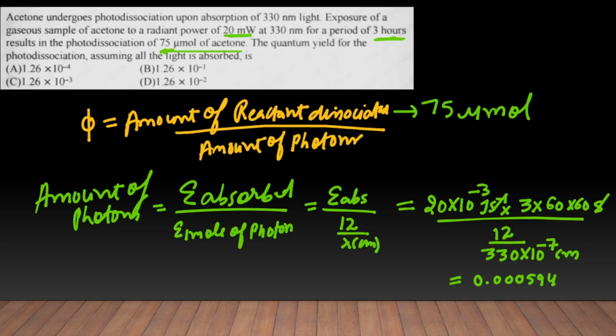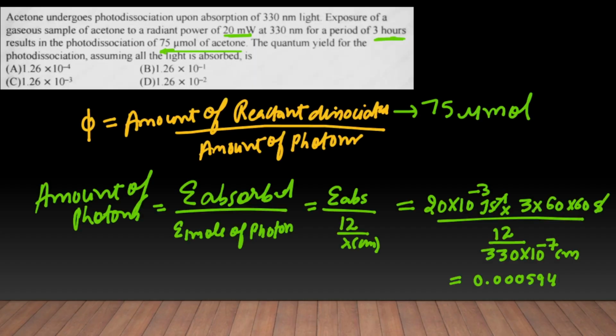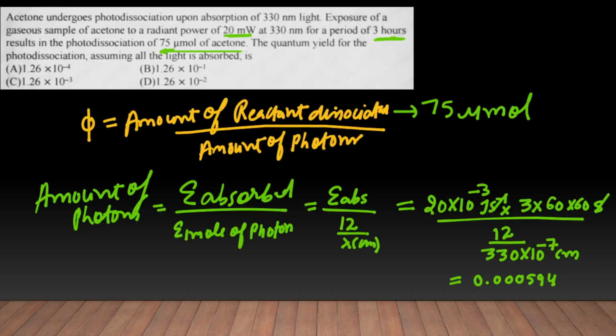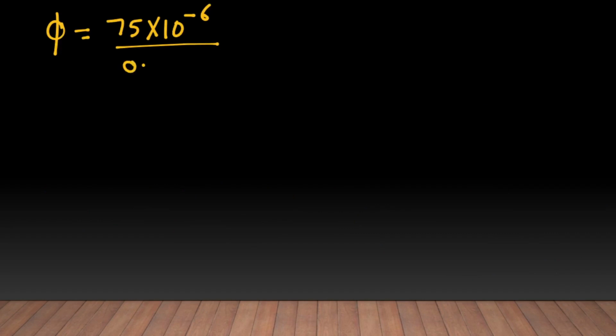Now to find the quantum yield, just take the ratio of the amount of substance that has dissociated to this value. So here we will have the phi value as 75 into 10 to the power of minus 6 upon 0.0000594.